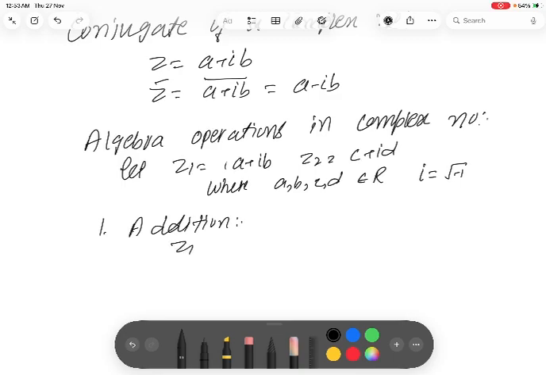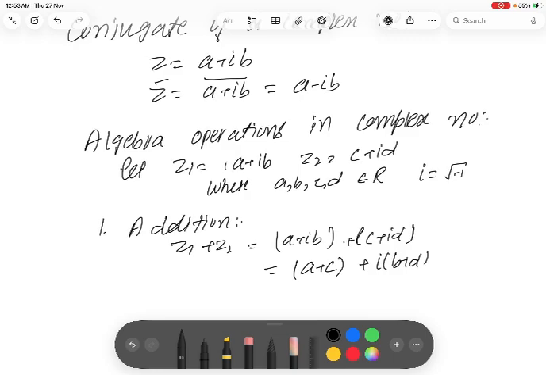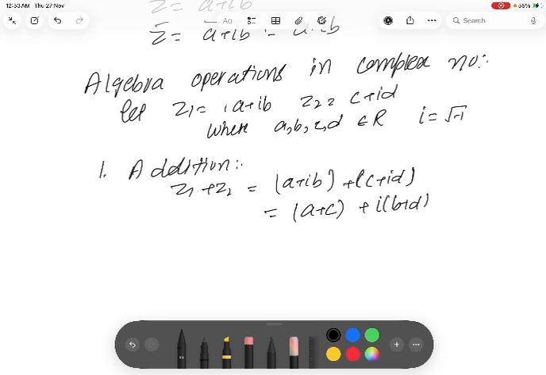z1 plus z2 is equal to a plus iota b plus c plus iota d. So what we do, the real part is added with real and imaginary with imaginary, that is a plus c plus iota times b plus d. Similarly, the second type of operation is subtraction.